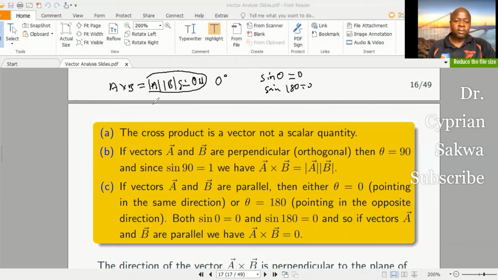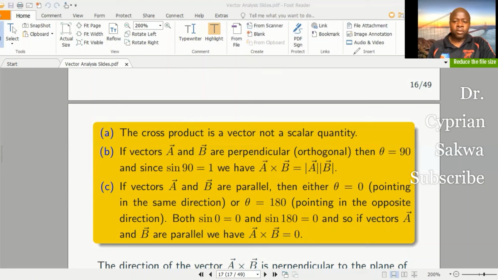That is why for two vectors which are equal or parallel, the cross product is 0. The cross product of those vectors is 0. And that's very important for us to note.